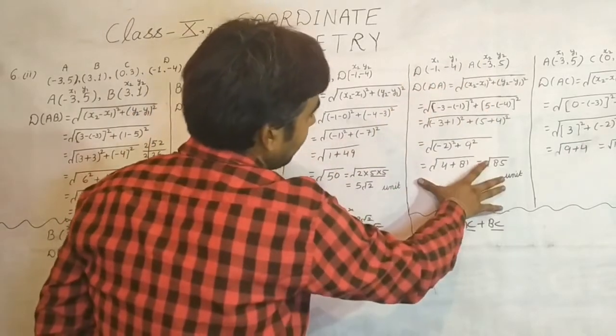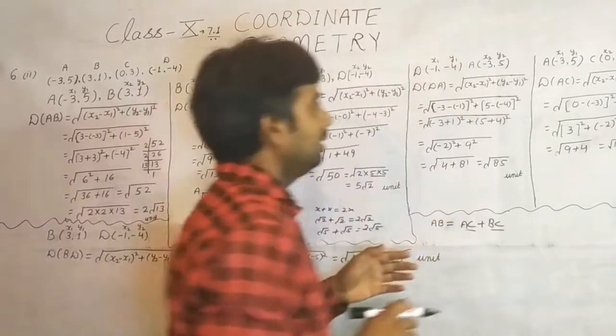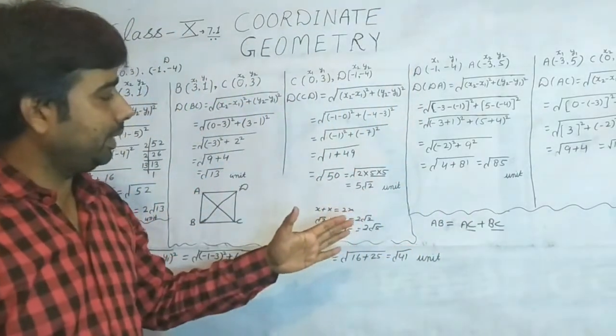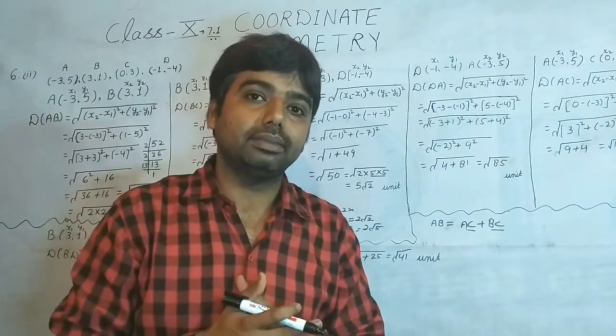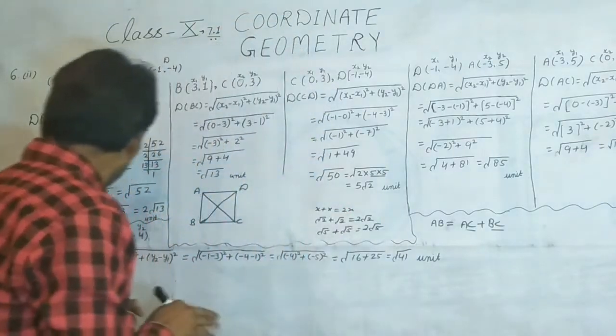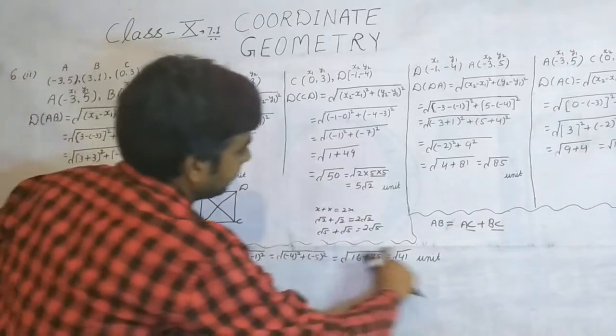DA, distance of DA. AC, distance of AC. You can pause the video and look carefully, and if you have any problem, ask me. And BD, I have found the value of BD here.